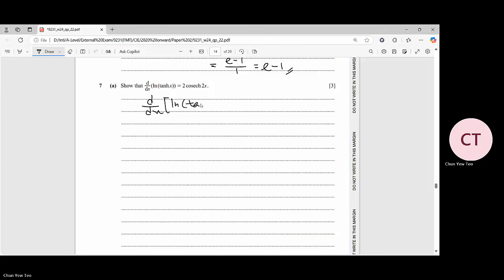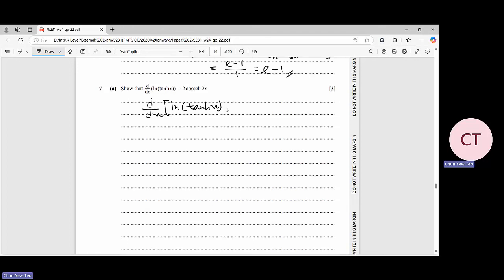To differentiate ln tangent x, copy down whatever is inside the ln, differentiate the tangent to get sec squared x, and put it on top. And we know that sec squared is 1 over cos squared, then tangent is sine over cos, so this is cos over sine.